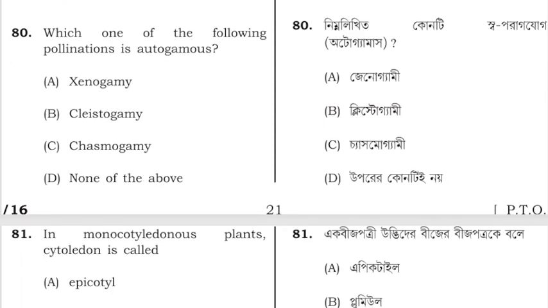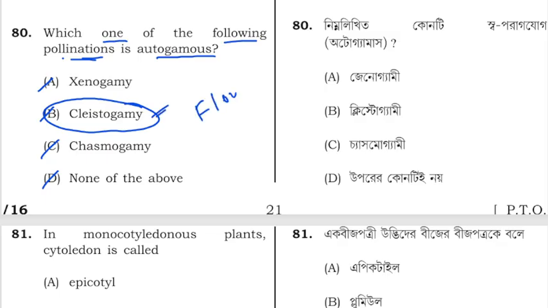Next question is, which of the following pollination is autogamous? Autogamous or self pollination mainly happens in geitonogamy, cleistogamy, chasmogamy, or none of the above. So option B, that is cleistogamy, means where the flower remains closed, so that will increase the chances of autogamy, that is autonomous self pollination.